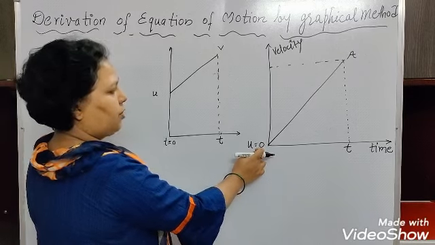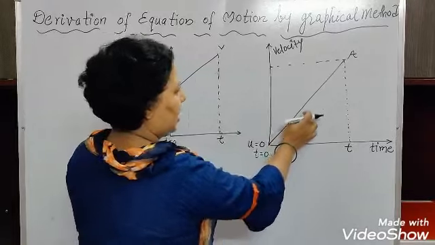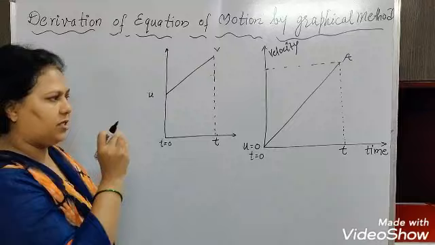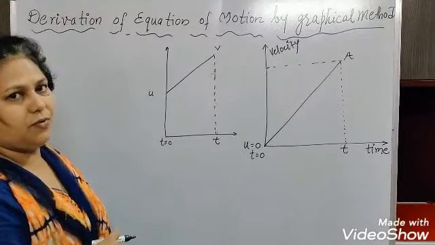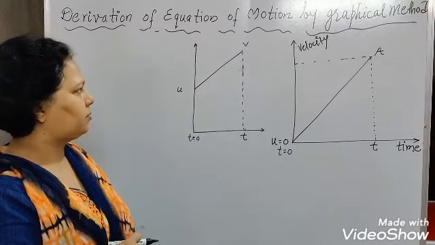Because it is uniformly accelerated motion, obviously a straight line will come, and the slope of this straight line will give us the acceleration, as we have seen already.